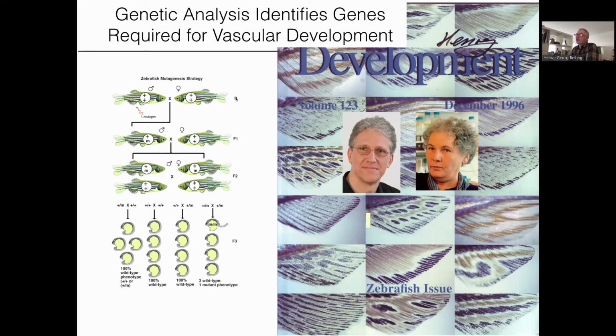You have a parental generation, and then the grandchildren of these fish, where you actually screen for your mutants. This takes at least 1 year, and because the screening takes a long time, a screen like that took about 3 years to do, to find several hundred genes important for vertebrate embryonic development and isolate the mutants for these genes.